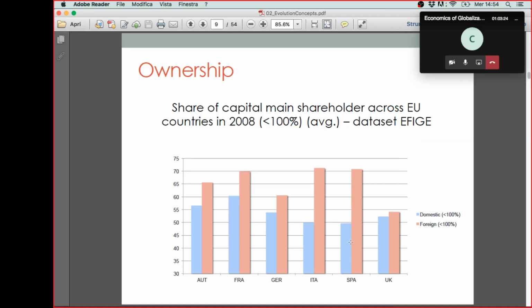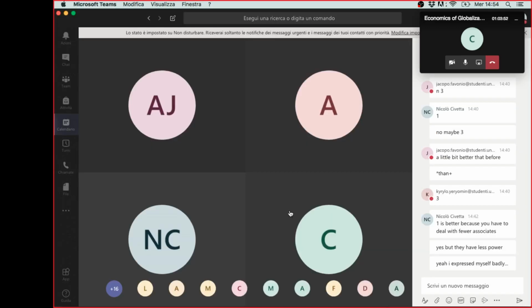So you see the light blue bar is the average share when the main shareholder of the company is domestic. The red bar is the average share when the main shareholder of the company is foreign. What clearly comes out from this graph is what? Nobody wants to try? I want to try.